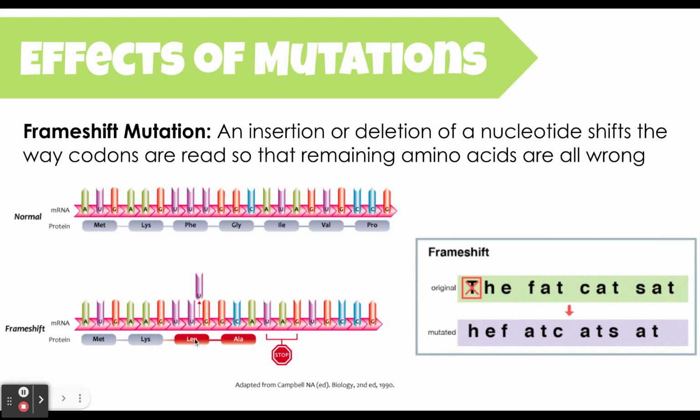And it's the same sort of thing with frame shift mutations. Deleting or inserting one or more nucleotides changes the entire way the ribosome is going to be reading these codons, which changes the amino acids entirely. So this can be very detrimental within a cell if you're trying to ensure that you have functioning proteins.